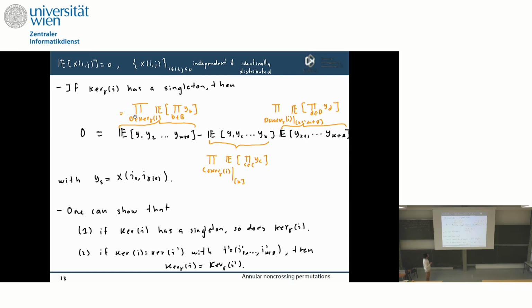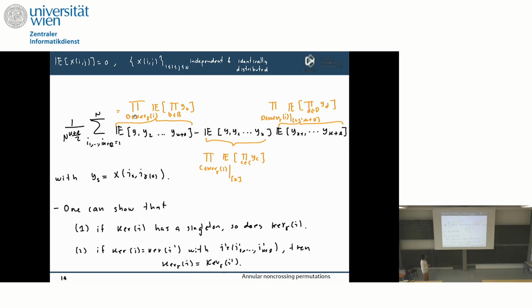And then one can show that if the kernel of i has a singleton, so does the kernel of i gamma. Moreover, if I have two sequences i and i prime with the same kernel, then the corresponding kernels of i gamma are the same. Okay?